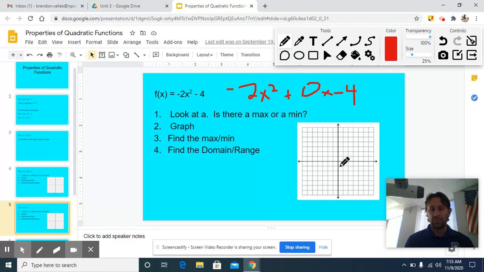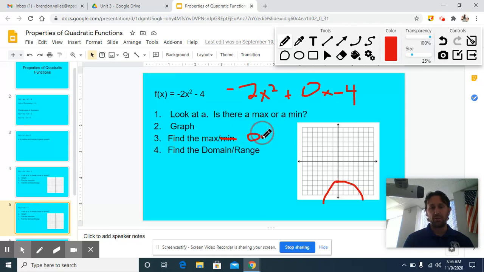So it's 0, -4. So 1, 2, 3, 4. So that's my vertex right there. Is there a max or a min? It's -2, so that graph's going to look like this, right? -2 is so that there's a maximum point. 0, -4. It's a max.